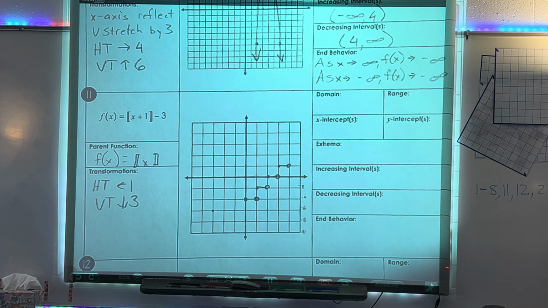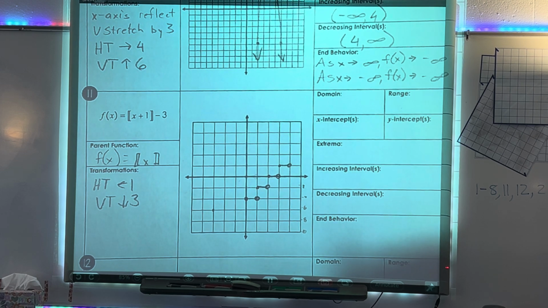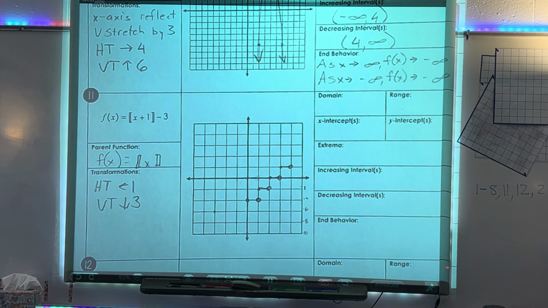Is there nothing on the odds? You didn't even look. I can look at x is 1, x is 2, x is 3.